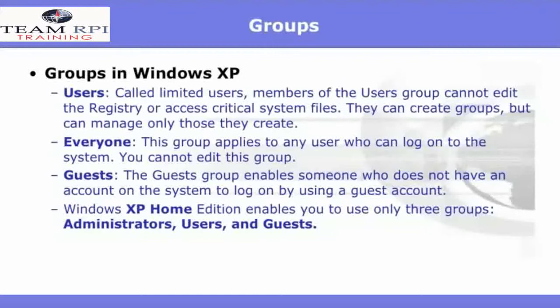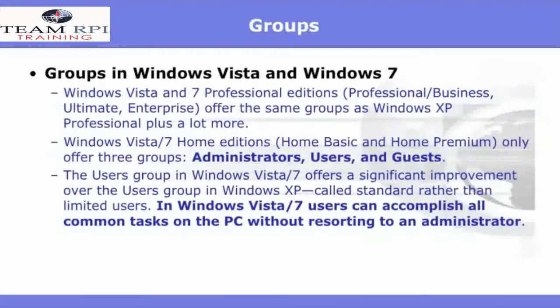And guest enables someone who does not have an account on the system to log on by using the guest account. If you're using Windows XP Home Edition, you will only have 3 groups available to you: administrators, users, and guests. Windows Vista and Windows 7 Professional Editions offer the same groups as Windows XP Professional plus a few more.